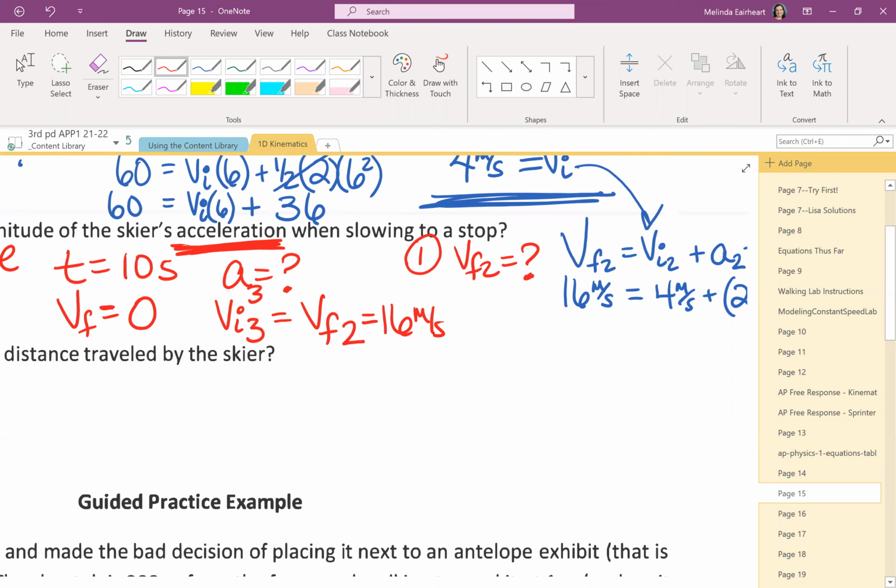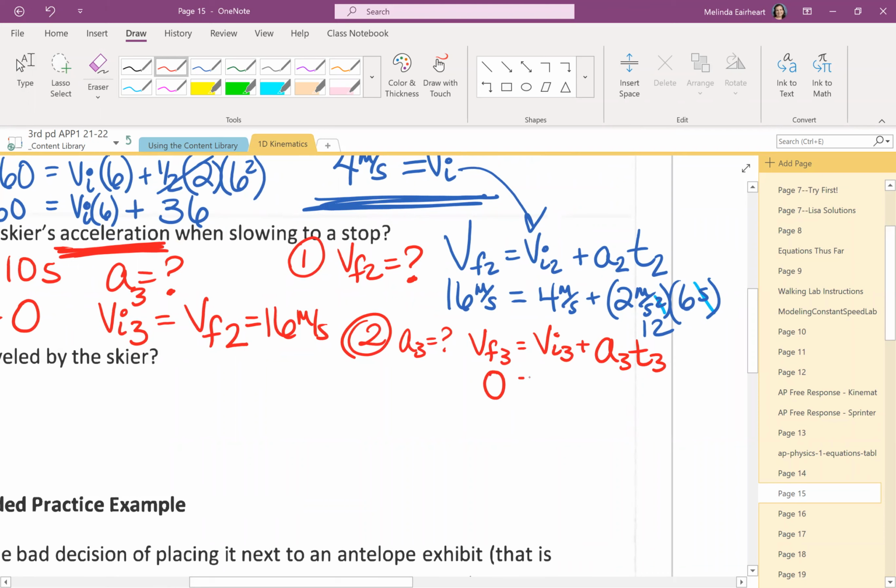So step 2 is to find that A3. I'm going to use the same equation, but this time with the third part's information. So final velocity in the third segment, well, we're coming to a stop, so 0. Initial is the final from before.